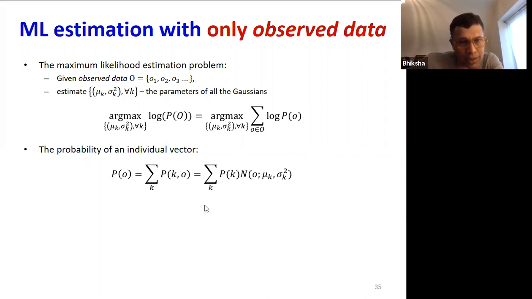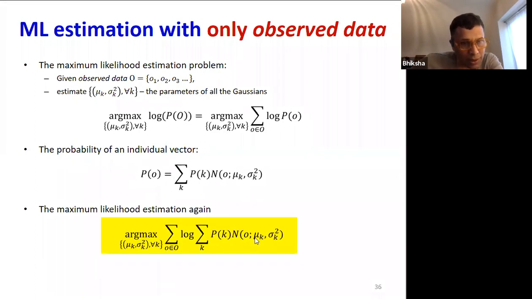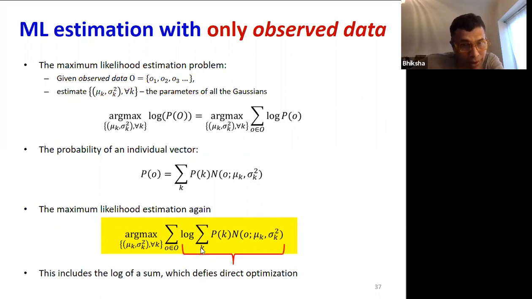And for this, of course, we know the formula. And so when you actually write down the maximum likelihood estimate, you have to estimate all of these means and variances for all of the Gaussians of this term, which sums over all observations of the log of this ugly term here, which has a summation inside the log.